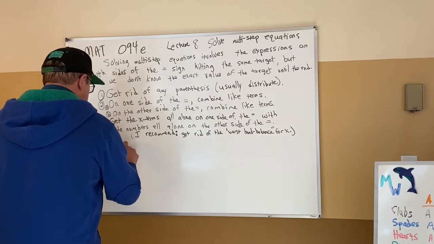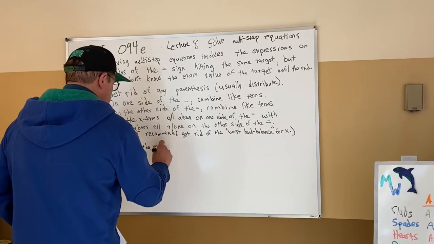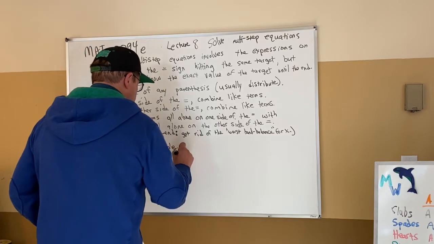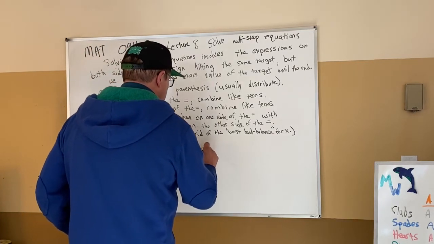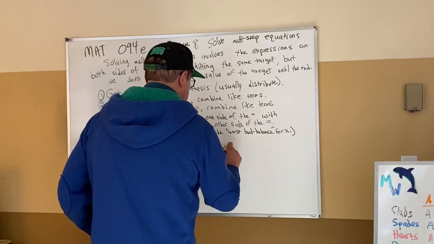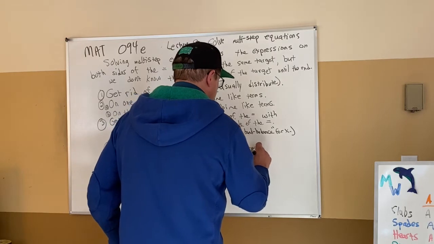Isolate the variable. Getting rid of multiplication with division or a reciprocal.